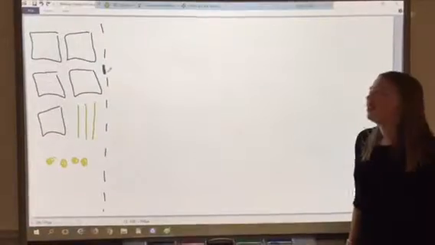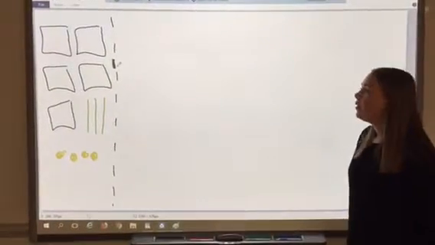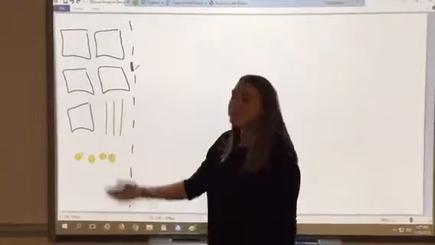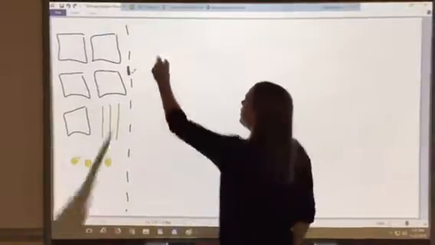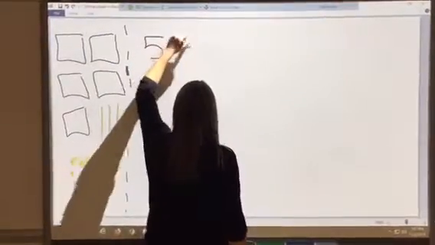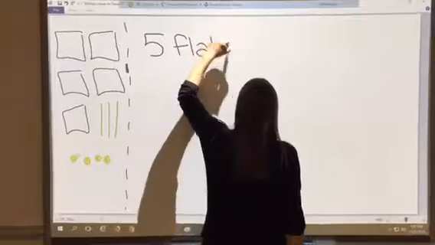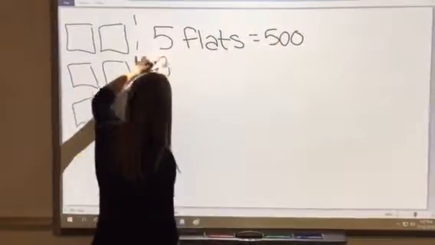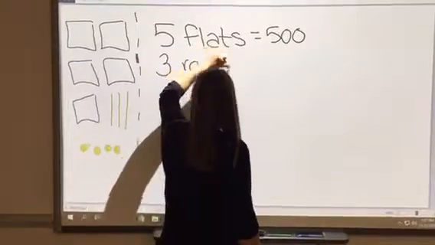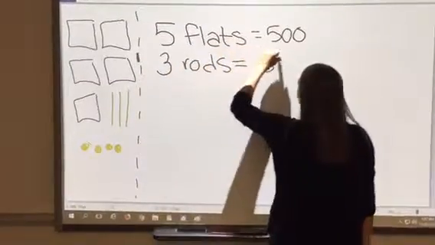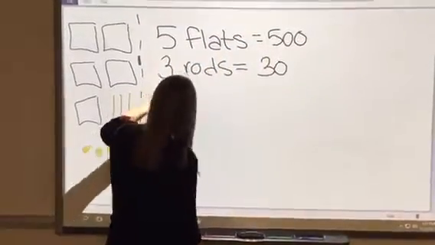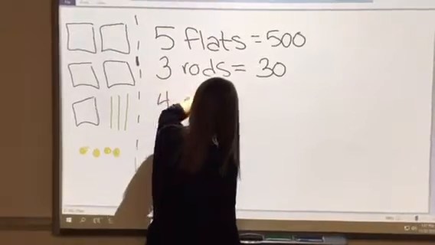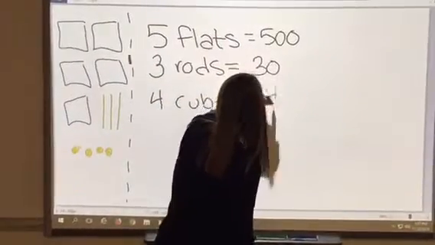So now we can represent our addition equation symbolically. We have our pictorial sum here, so what we can do is transpose 5 flats into words, which equals 500. Then we have 3 rods, which equals 30, and 4 cubes, which equals 4.